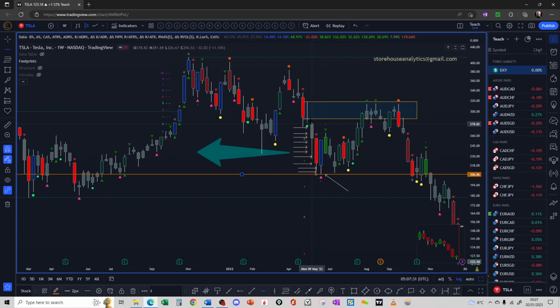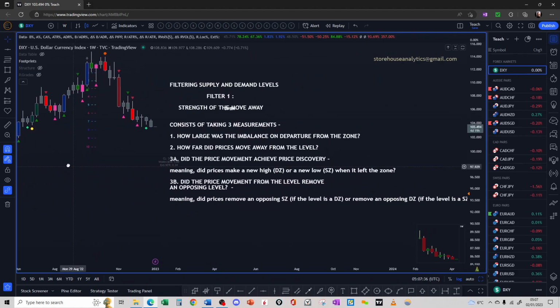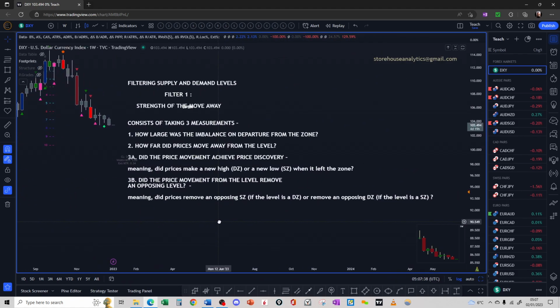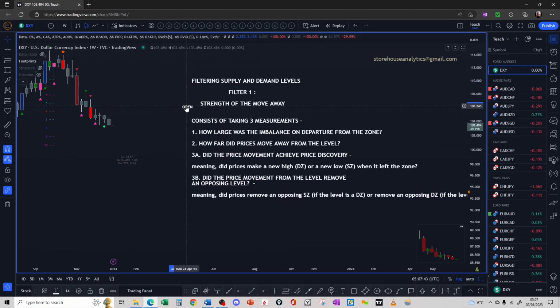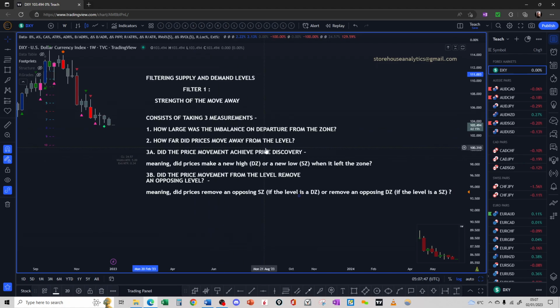Okay, so second point done. The distance moved away. I've given you reasons why. I've given you what the filters you want to look at should be, and options as to what the thresholds you apply to those filters can be. So just to recap, how large was the imbalance on departure from the zone?